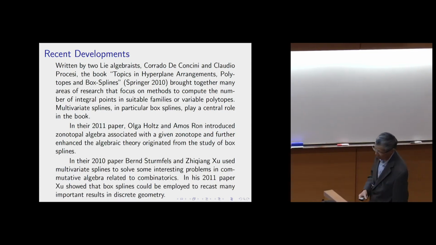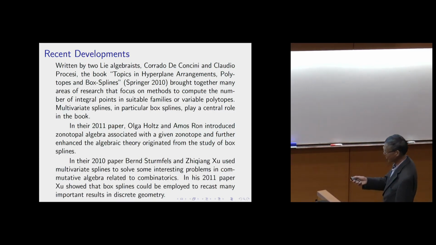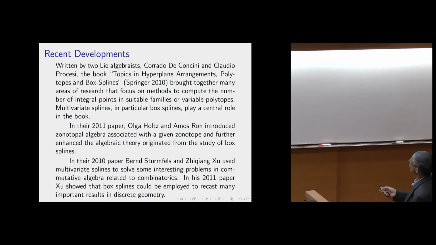If you have good research, eventually your work will be recognized. But how long eventually takes, you never know. So let me finish, because I'm already probably over time. Now we have recent developments.